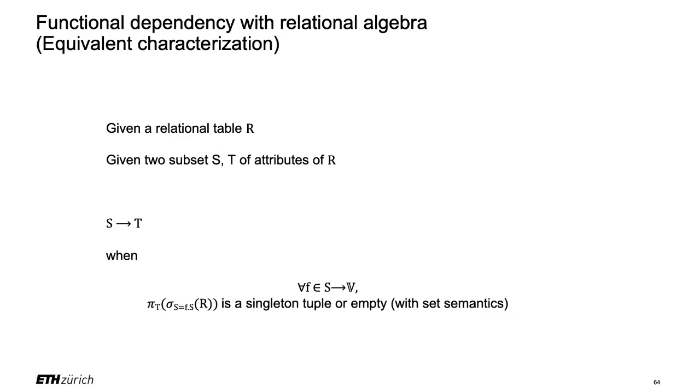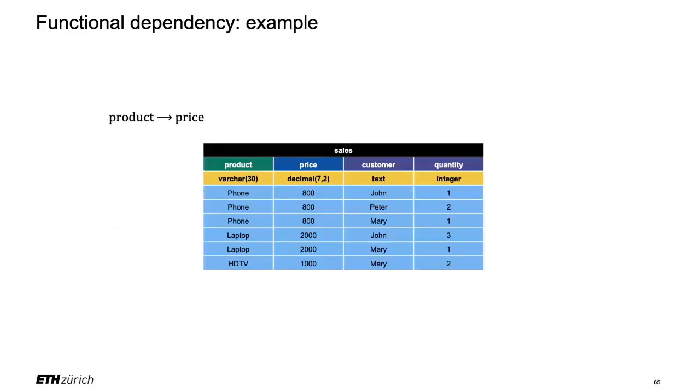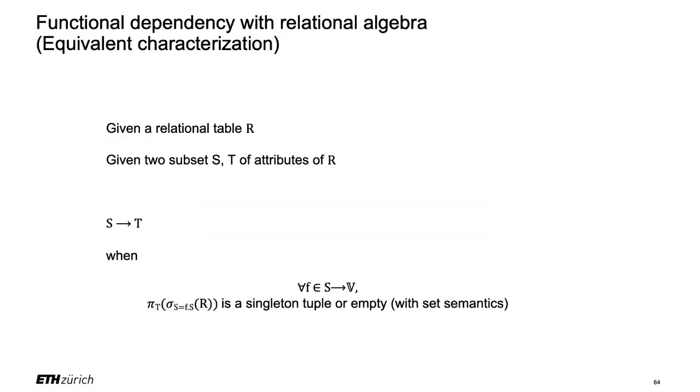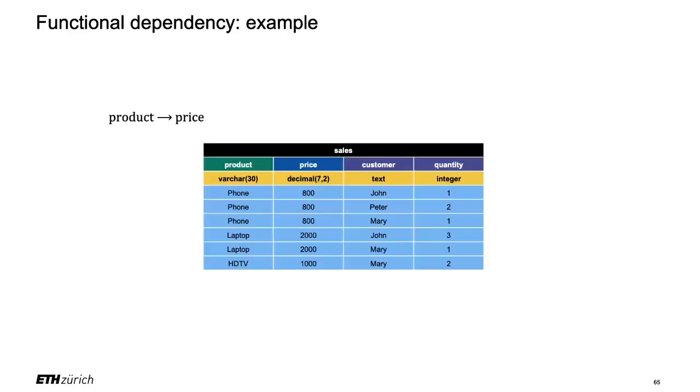So you select all the tuples that have the same value as there is in F, and then you project on T. If you get a singleton, always for any F, then that's a functional dependency. But it's better with an example here. So let's say I want to use this characterization here with this table, and I want to see if products functionally implies price.